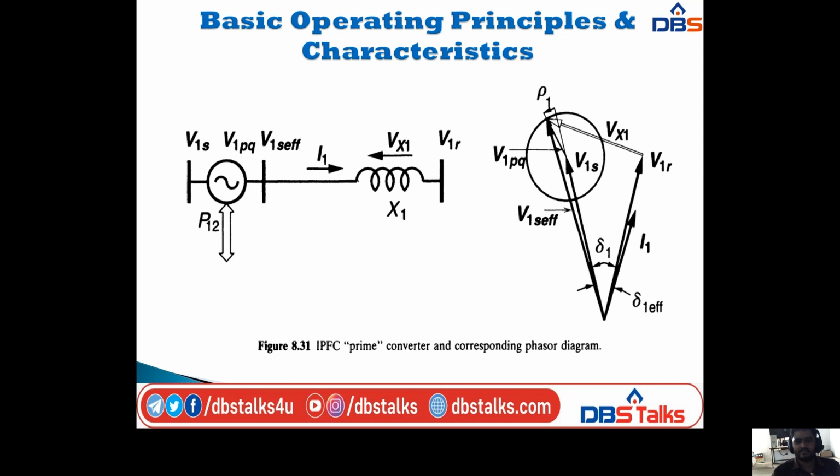The phasor diagram for these is shown on the right side. It shows V1S, V1R, Vx1, V1S effective, I1, and V1PQ, and angles rho1 and delta 1, and delta 1 effective is also shown.